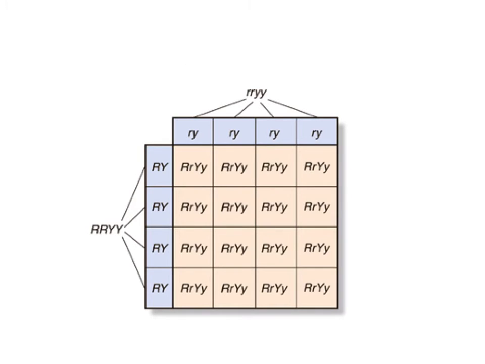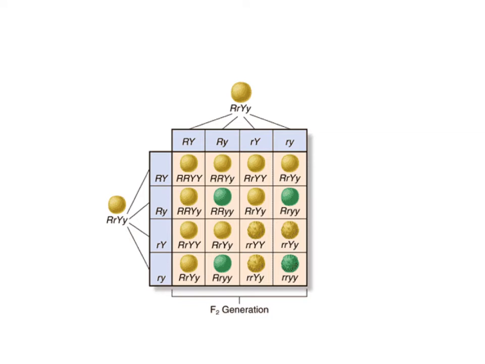So if we take a look right here, this is a little Punnett square setup for crossing the homozygous dominant with the homozygous recessive and getting all heterozygotes. Now this picture that we're going to switch to right now shows that when you cross the two heterozygotes, you have the possibility of getting either one that shows both dominant characteristics, the round and yellow, shows the recessive color, green and round.